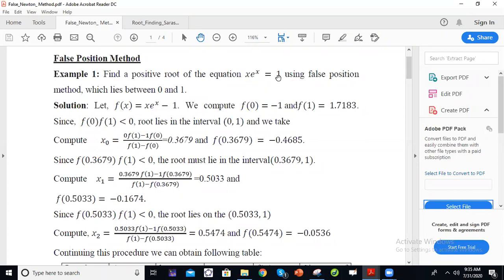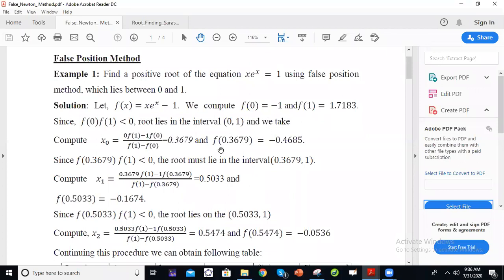Equal to some constant, we compute f of 0 and f of 1. What we see, a and b are 0 and 1. Here we see f(a) = f of 0 = minus 1, f(b) = f of 1 = 1.7183. Okay, f0 into f of 1 less than 0, opposite sign, so the root lies in the interval 0 to 1. We claim our false position method exists to find the root of the function equation x e to the power x equals to 1.